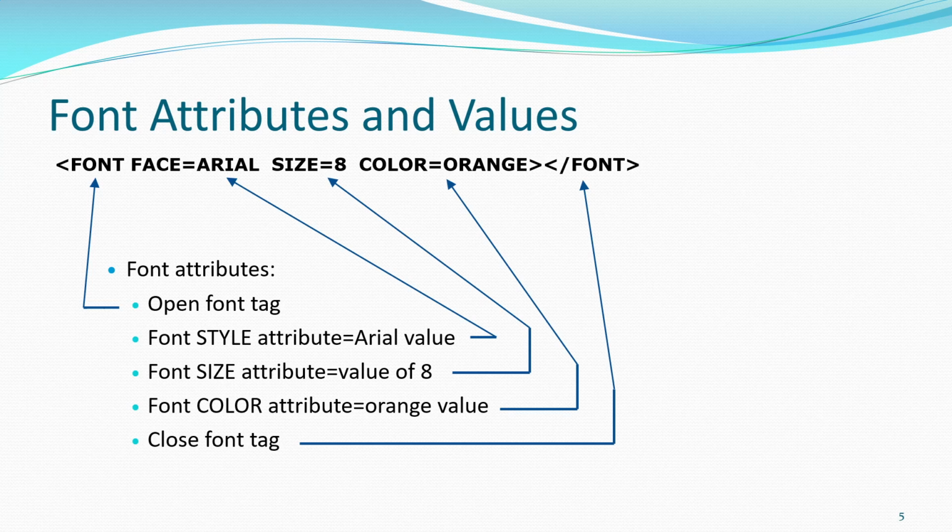So, font attributes, we can adjust the actual font itself, the style, the size of the font, its color, and whenever we open up a tag, we have to close it.